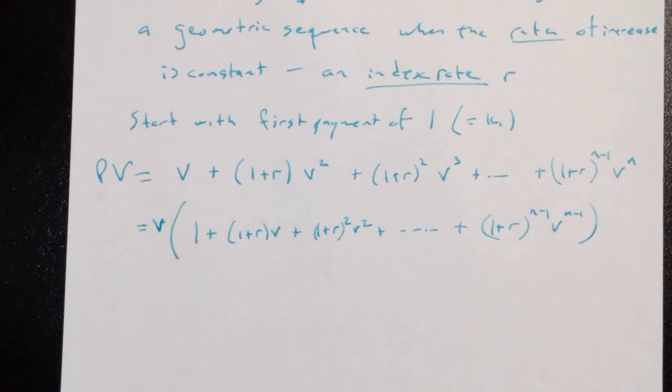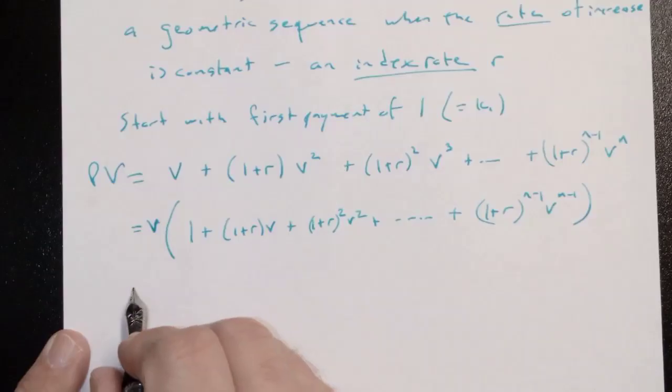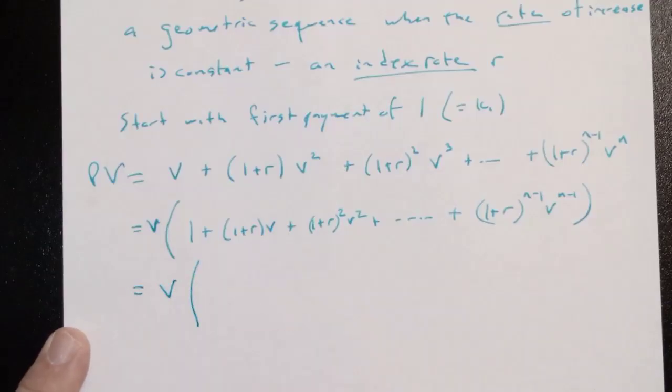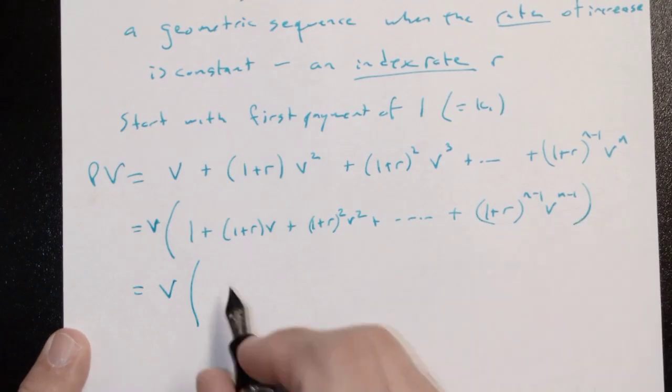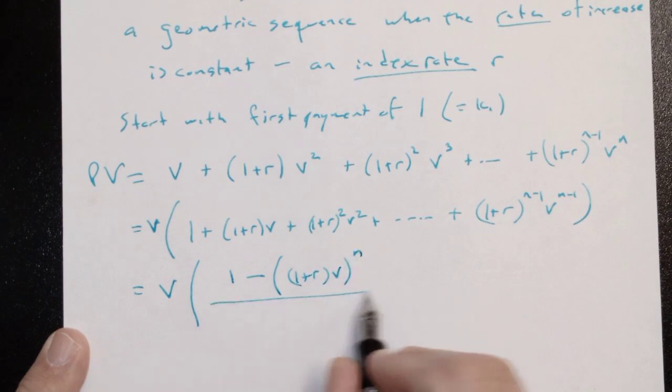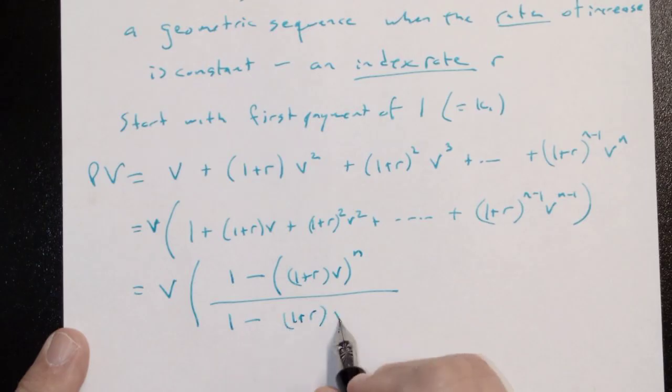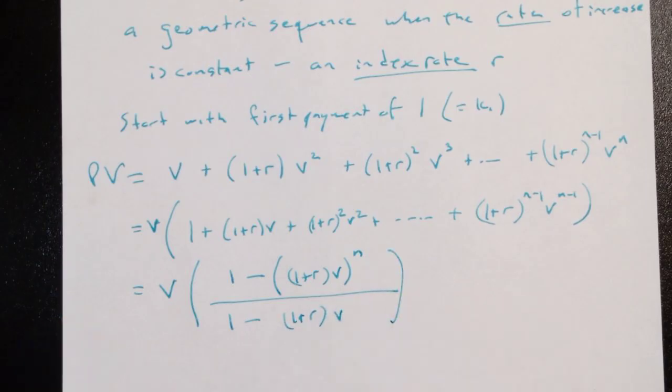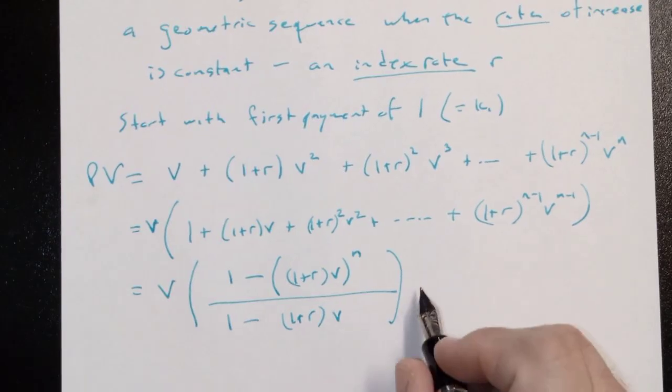So this is going to be V times 1 minus (1 plus R) times V to the N over 1 minus (1 plus R) times V. I hate writing this in terms of V. So I'm going to change V for (1 plus I) to the negative 1, or 1 over 1 plus I.